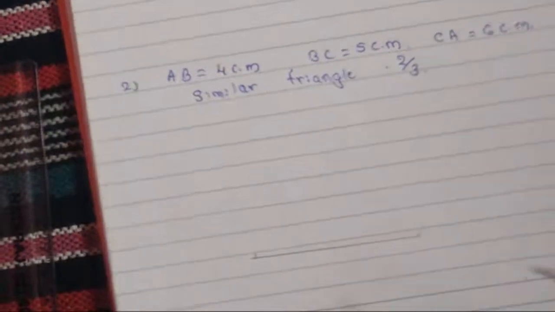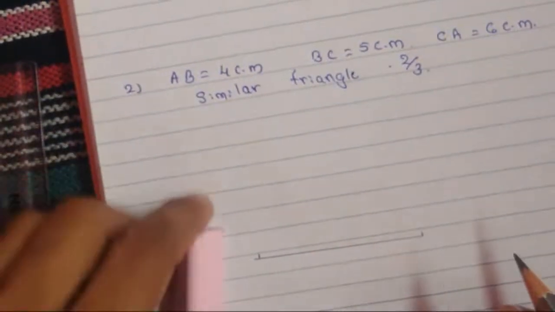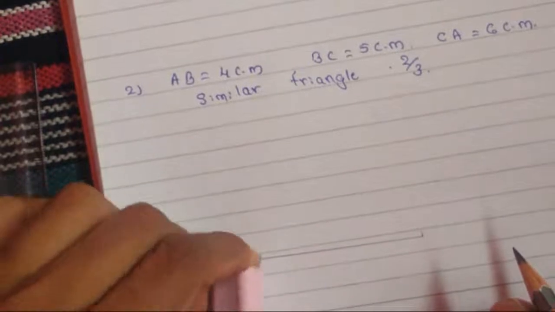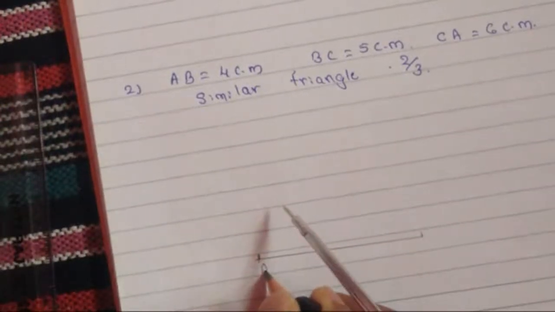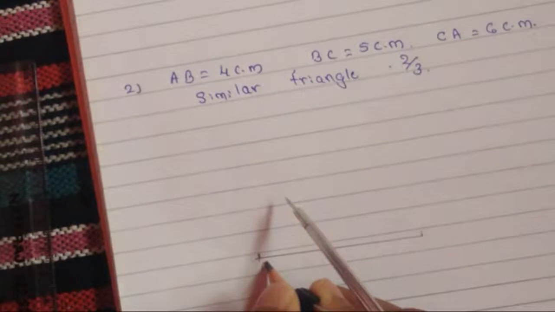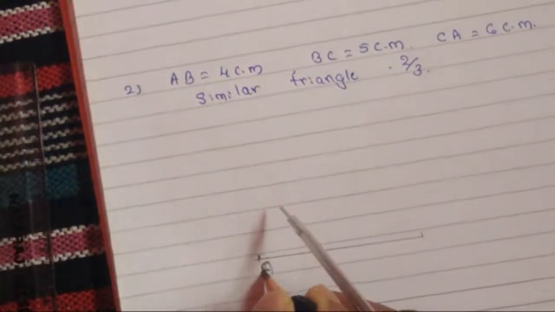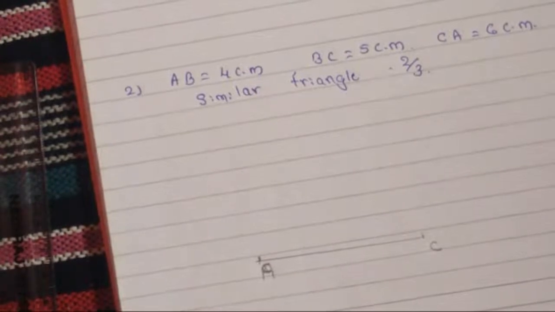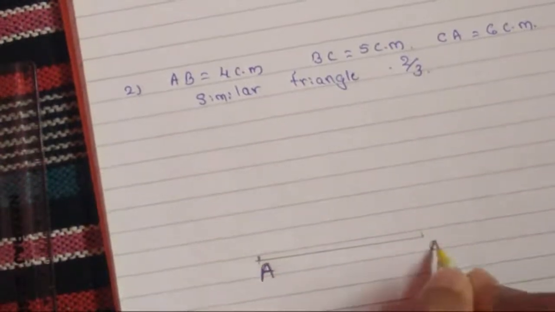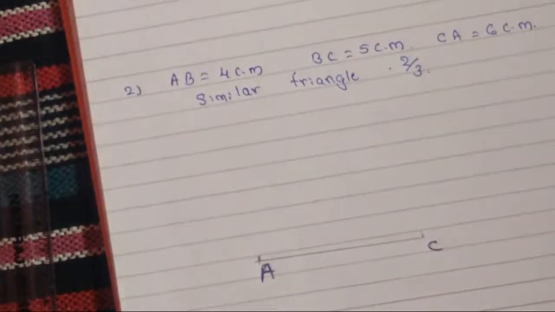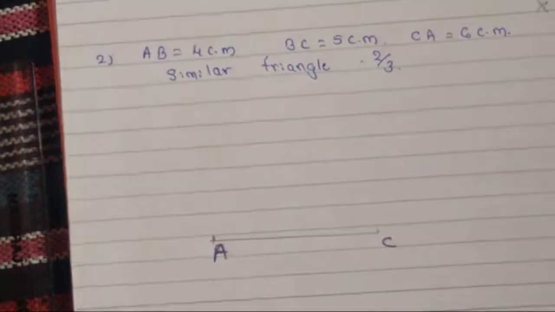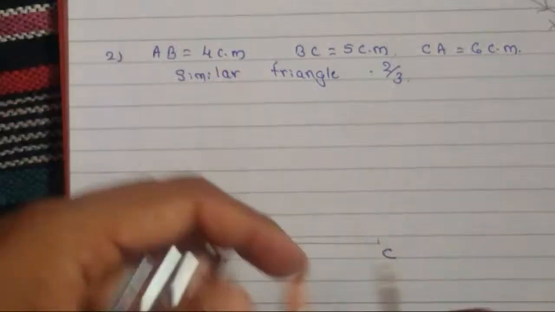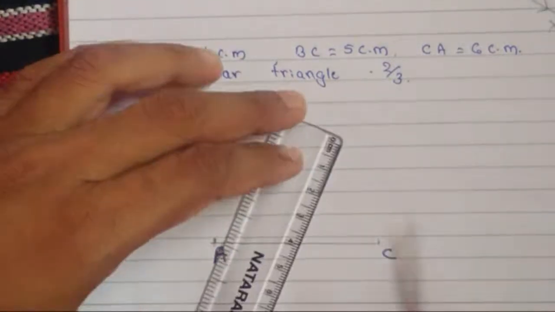So this is the point, this is C or AC. I'll use pen. Then with the help of scale and compass, I will take 5 centimeter length.